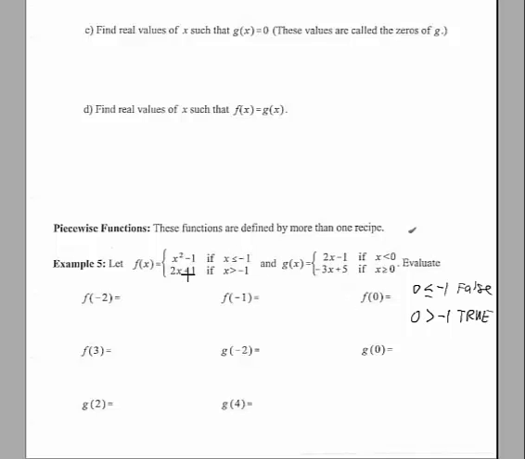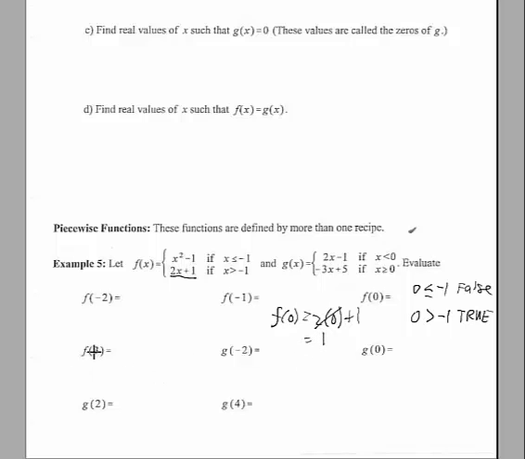So we would use 2x plus 1 to calculate f of 0. Okay, f of 0 equals 2 times 0 plus 1. 2 times 0 is 0, so that knocks out the 2, and we just end up with 1 for f of 0.